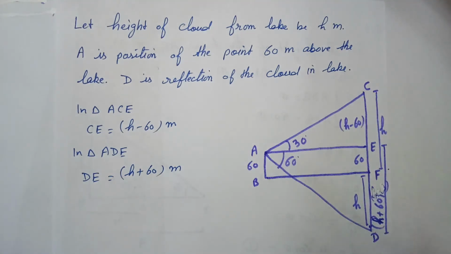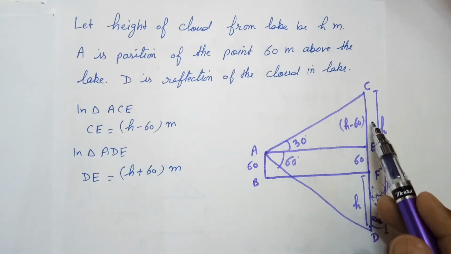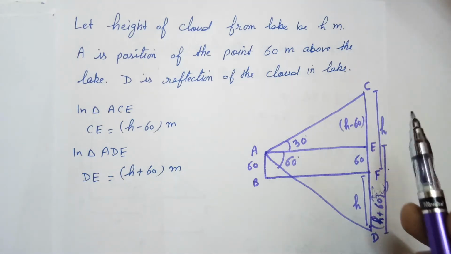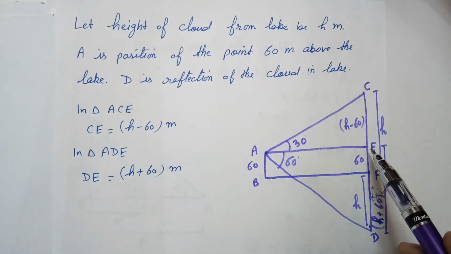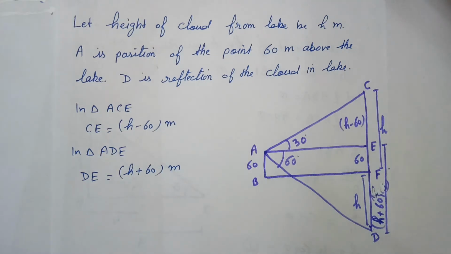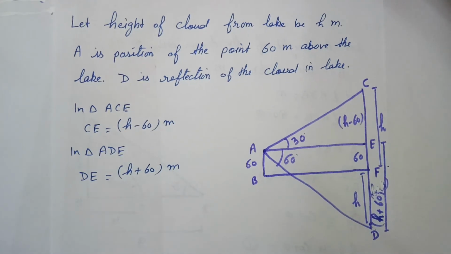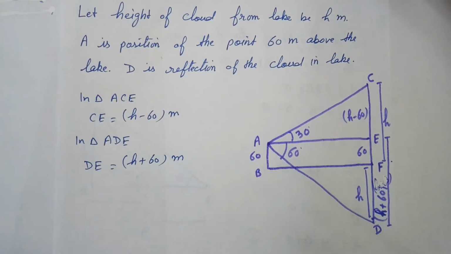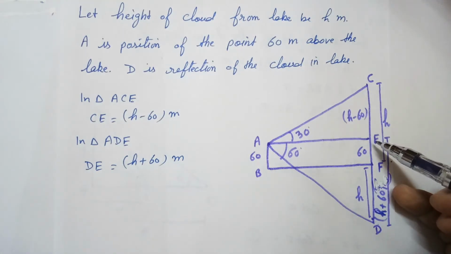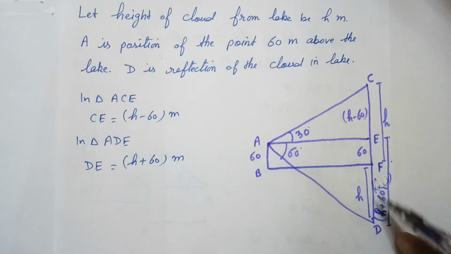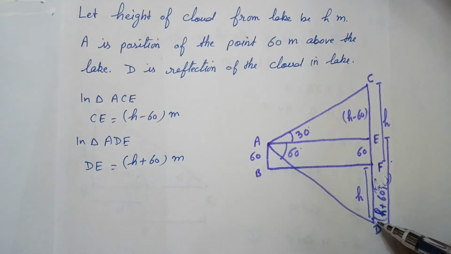These conversions we are using for the perpendicular, because we need to find the perpendicular in both triangles. Here we are using trigonometric ratios in the triangle only. So in the first triangle CE is the perpendicular, which equals h minus 60, and in the second triangle DE is the perpendicular, which equals h plus 60.